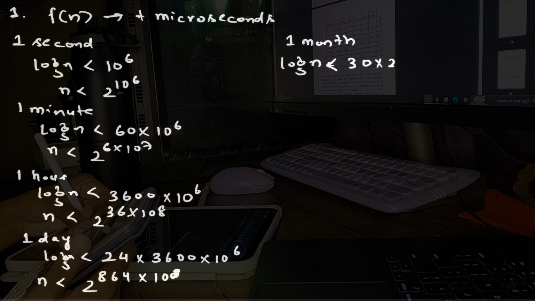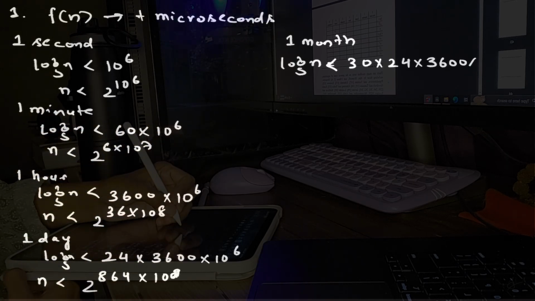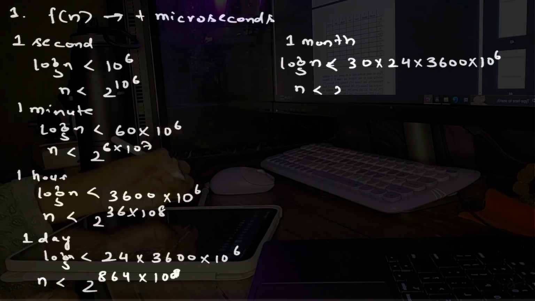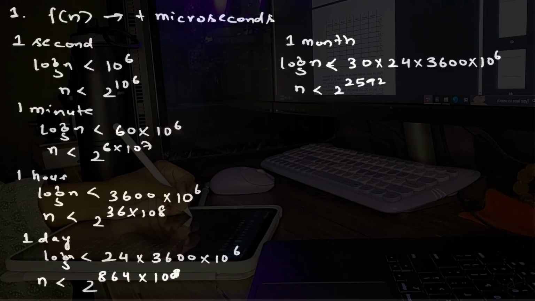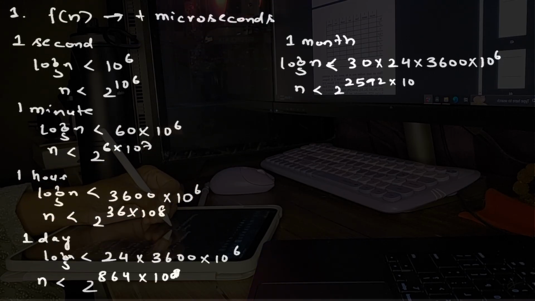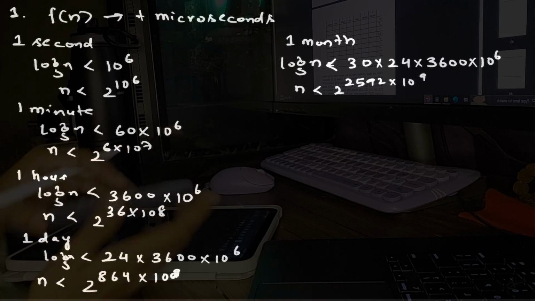So 30 into 24 into 3600 into 10 to the power of 6, where n would be 2 to the power of, I'll just multiply 864 into 3, which is nothing but 2592, multiplied by 10 to the power of 9.